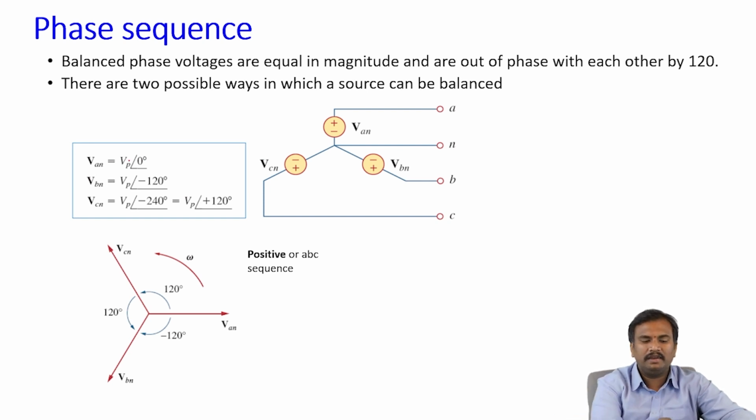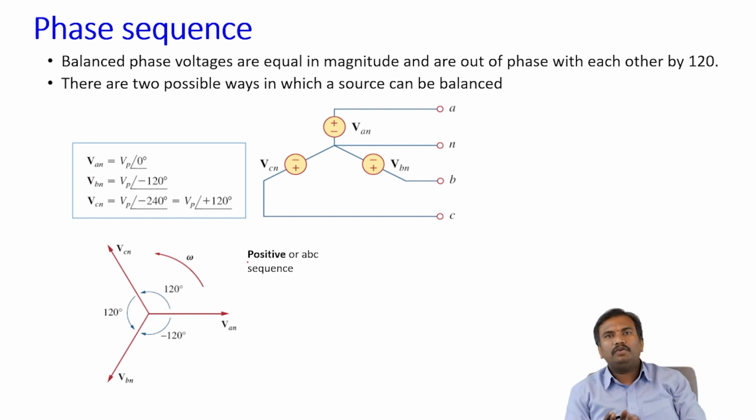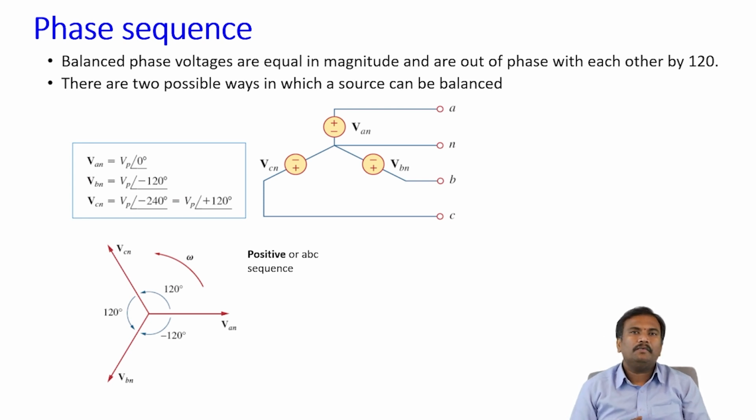VAN equals Vp at an angle 0, VBN equals Vp at an angle minus 120, and VCN equals Vp at an angle minus 240. Every time, all three voltages are displaced by exactly 120 degrees. Then those connections are called balanced connections.